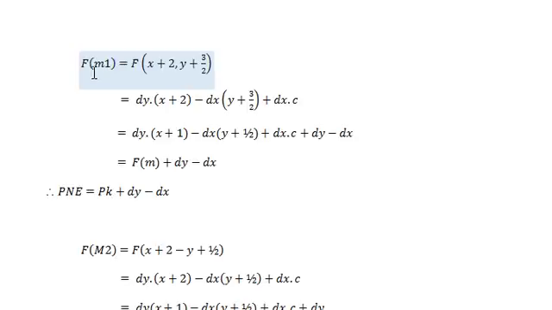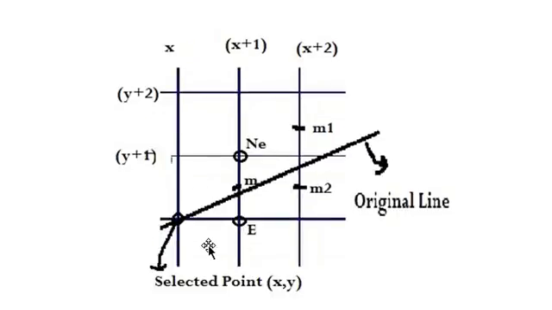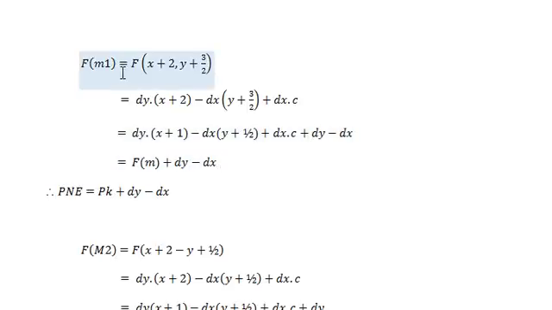If we apply this for m1, we know we have to move 2 units in the x direction and 1.5 above, 1.5 means 3 by 2. If we apply this, we get this equation.